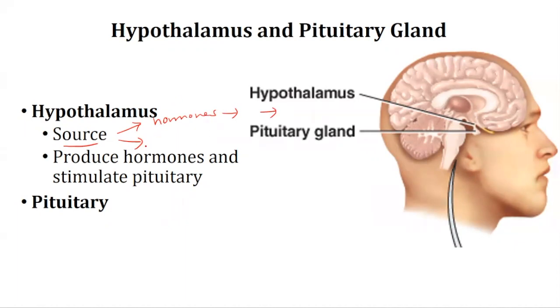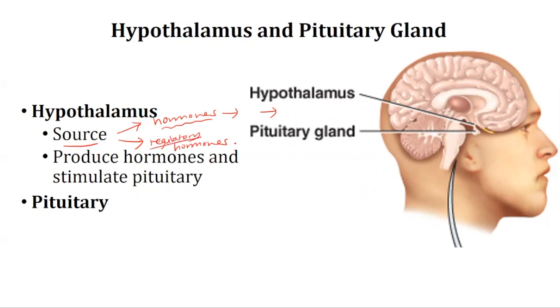The other way the hypothalamus works with the pituitary gland is to produce regulatory hormones. So instead of producing regular hormones, it's going to produce something called regulatory hormones.